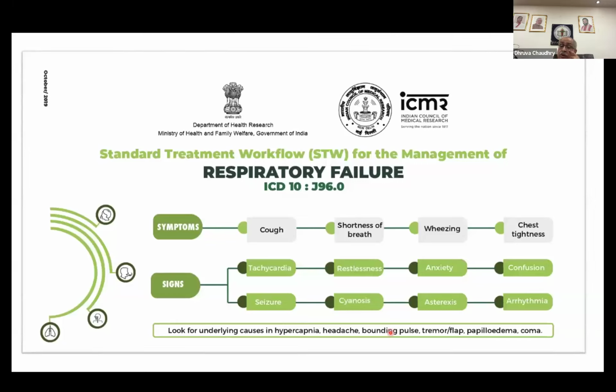And if you are good at seeing the fundi, you can also see papilledema. And quite often we see that when you give oxygen uncontrolled, I will be coming to that a little later, a conscious patient may become unconscious because of the type and the way the oxygen is used. So it is very important how to use oxygenation in these cases.